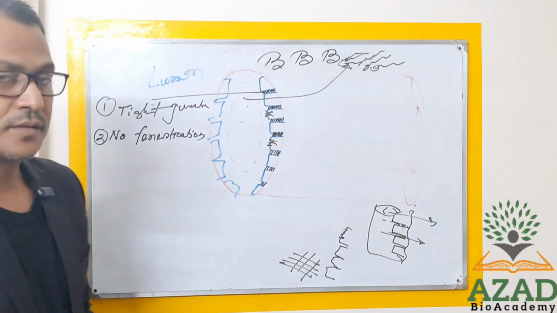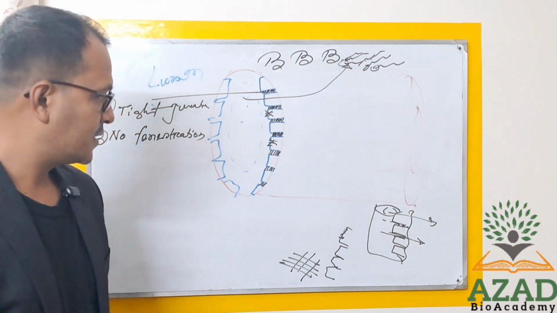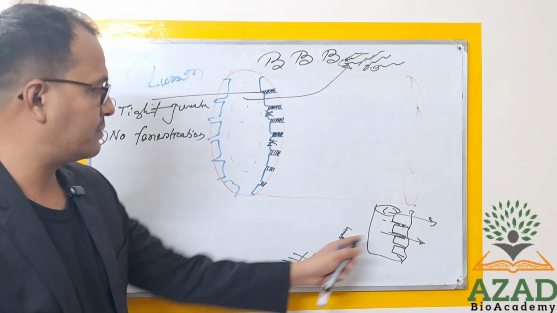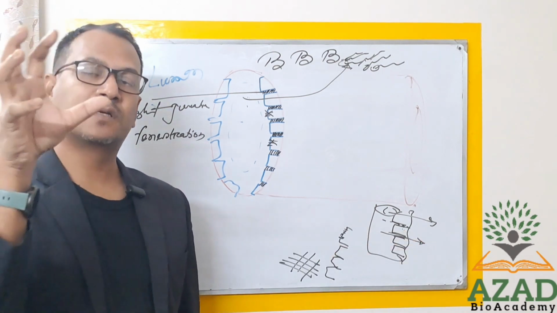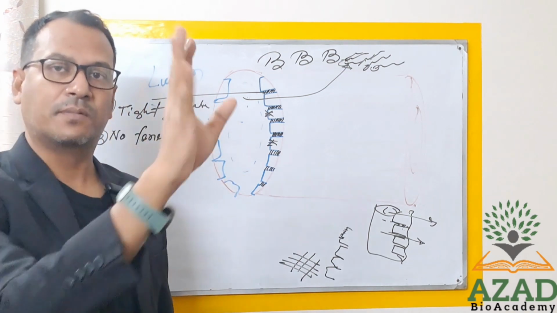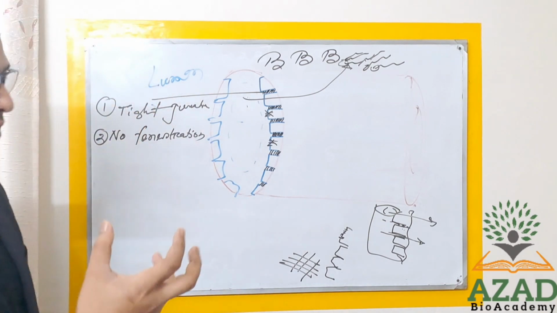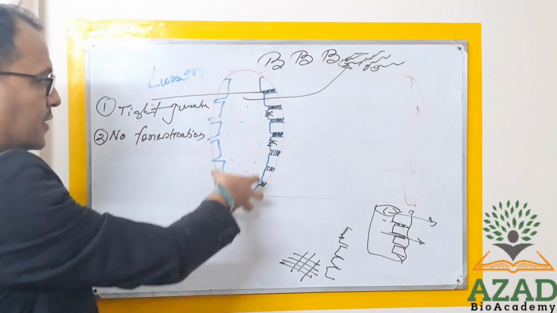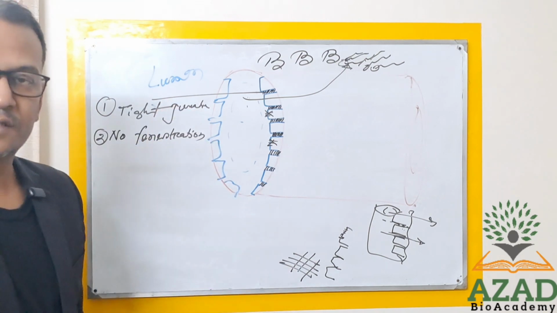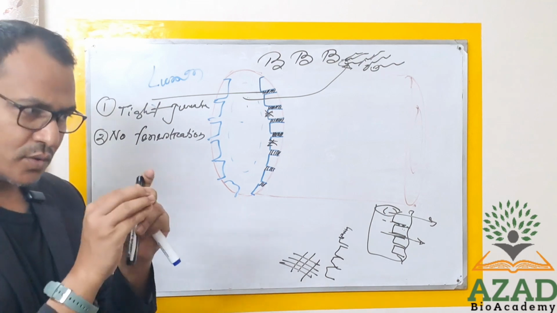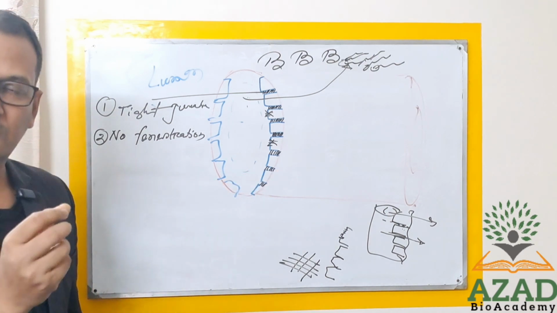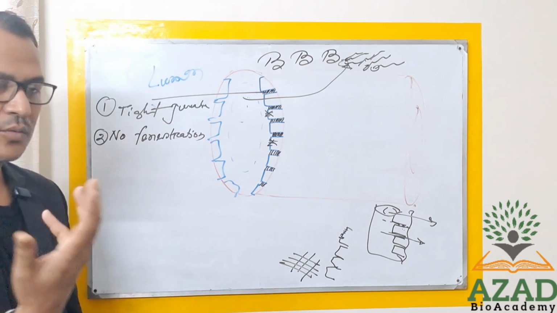Okay. So another unique property is that some other capillaries, basically fenestrated capillaries, have some special type of pore, and through this pore different types of substances can easily pass. Okay, but such type of facility is absent in the brain capillaries. So no fenestration, that means no pore, no way to pass. You can consider it as no window.